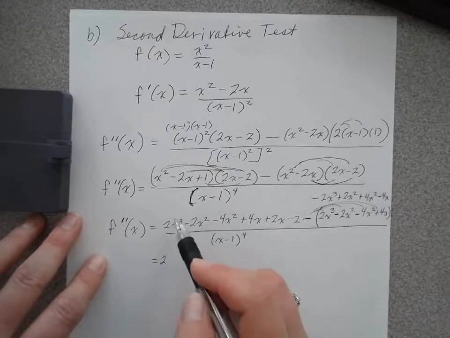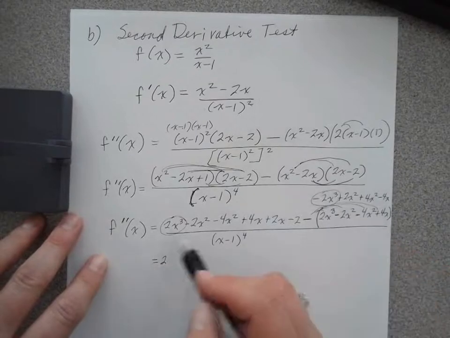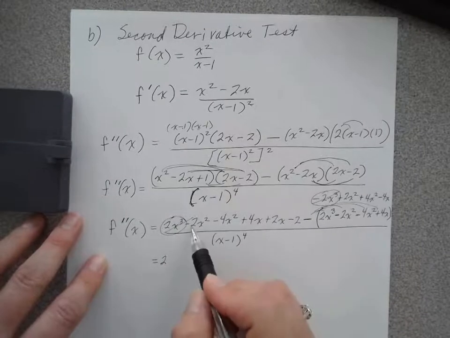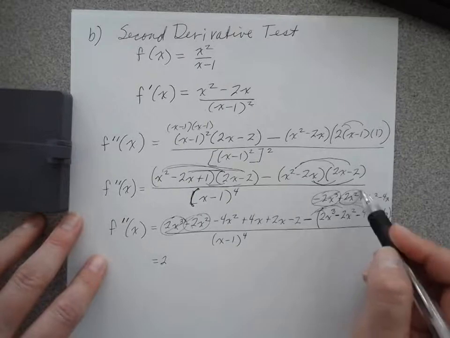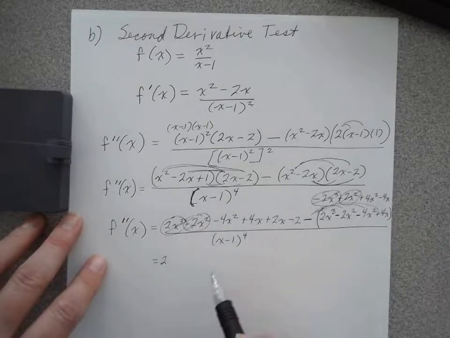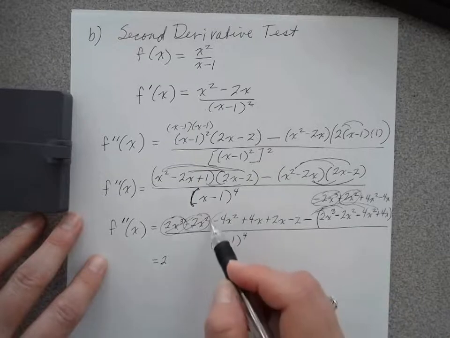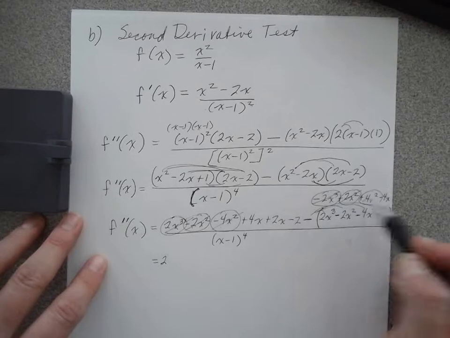So I have a 2x cubed and a minus 2x cubed. That's 0. Any more x cubes? No. Then I have a minus 2x squared and a positive 2x squared, so that's 0. And then I have a negative 4x squared and a positive 4x squared, so that's 0.